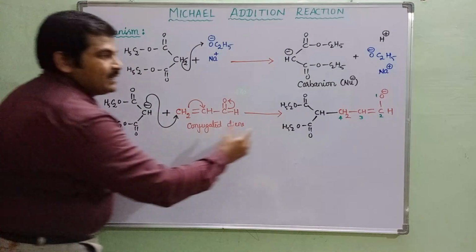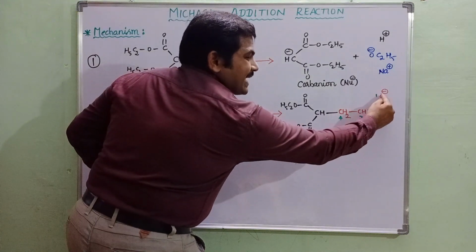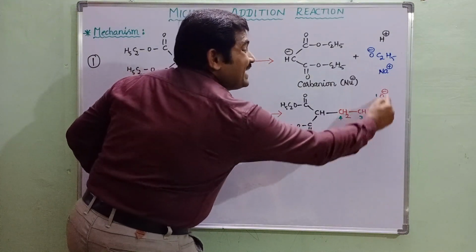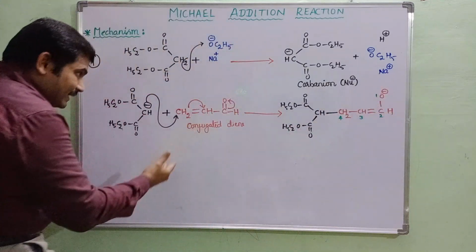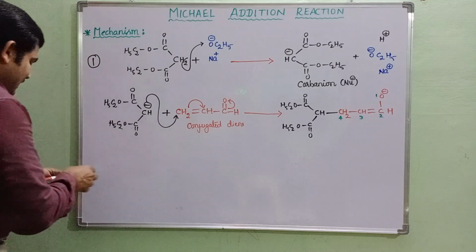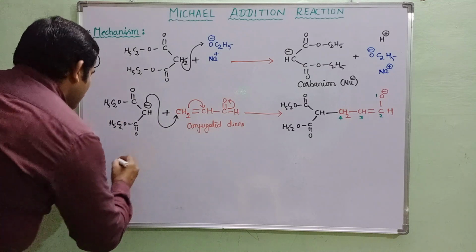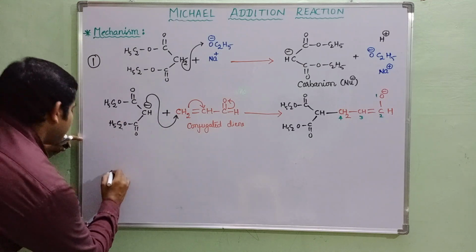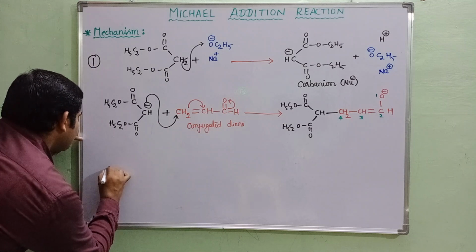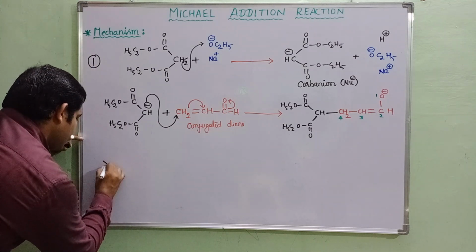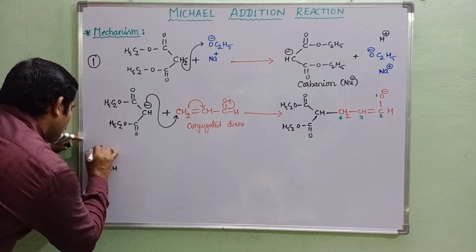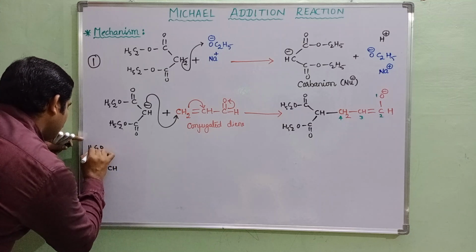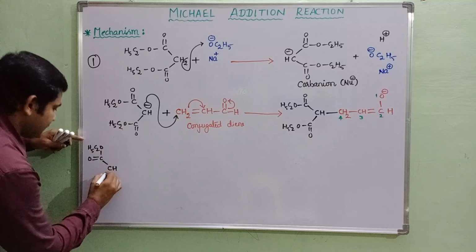Formation of alkoxide or alkene oxide. Formation of alkene oxide. In the third step, that alkene oxide. What is that alkene oxide? CH, C double bond O, O C2H5. You can also write like this.